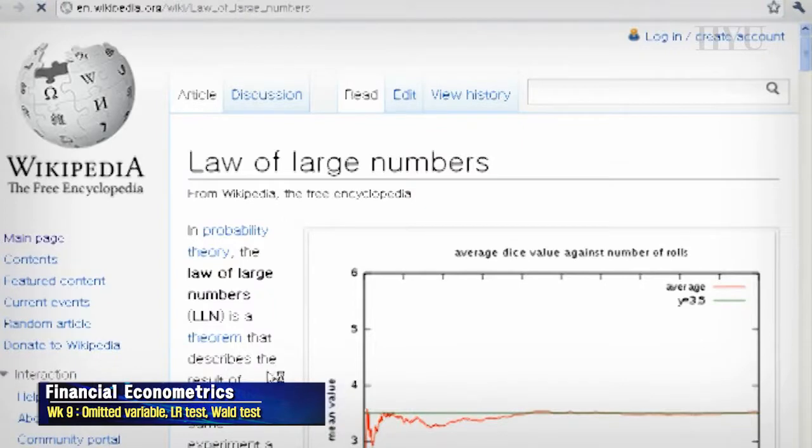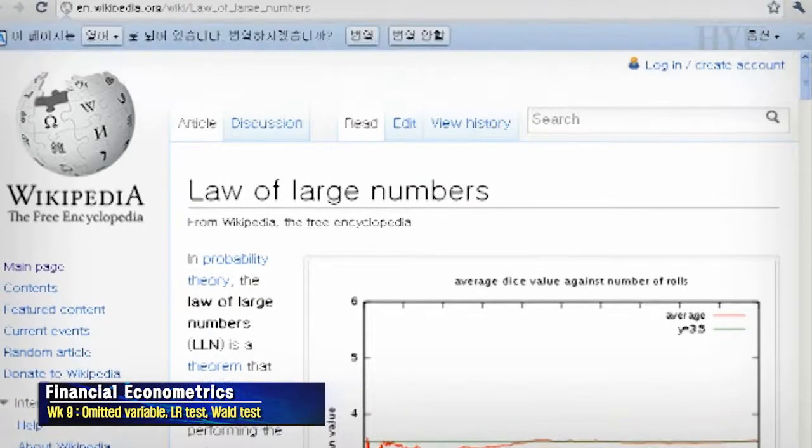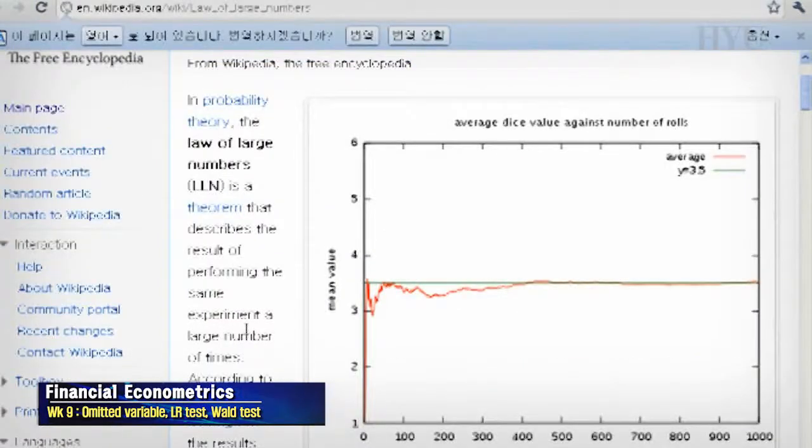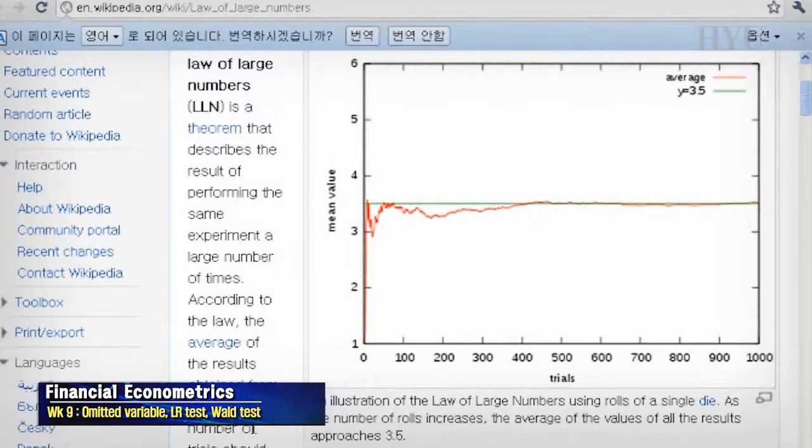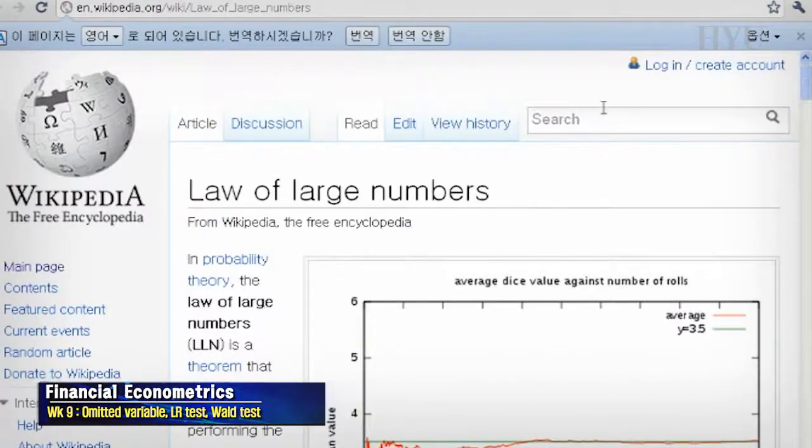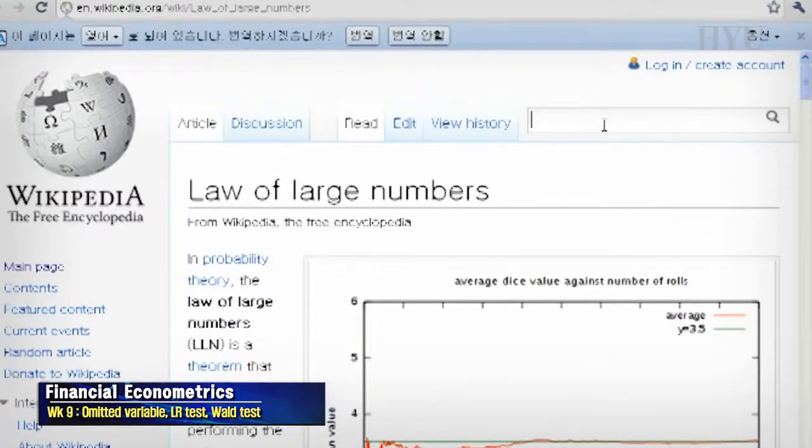The law of large numbers is a theorem that describes the result of performing the same experiment a large number of times; the average of the results should be expected to approach the expected value. The sample mean will converge to the true mean if we have a lot of data. What you just said is the central limit theorem, which is very similar to this one. Actually, we can derive the law of large numbers from the central limit theorem, so you are not entirely wrong.